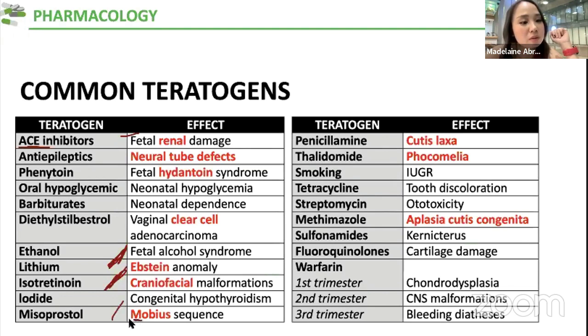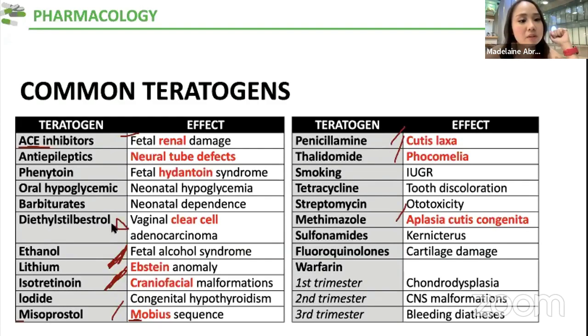Mobius syndrome in misoprostol. Cutis laxa in penicillamine. Phocomelia in thalidomide. And aplasia cutis congenita in methimazole. Okay? There are so many, guys, since we're just summarizing everything, I want you to take note of those in bold red. And what else? Maybe if I could add this one.